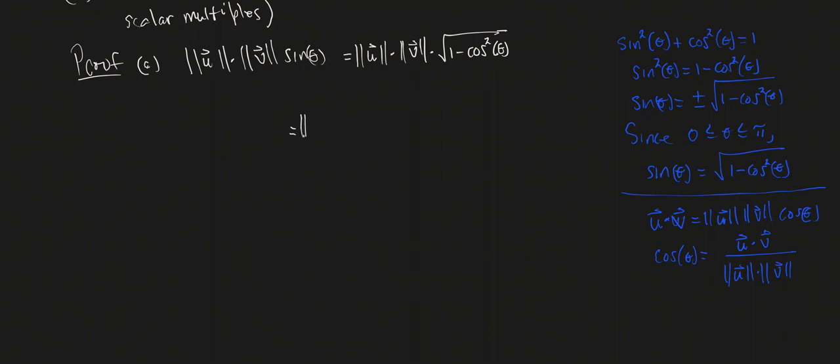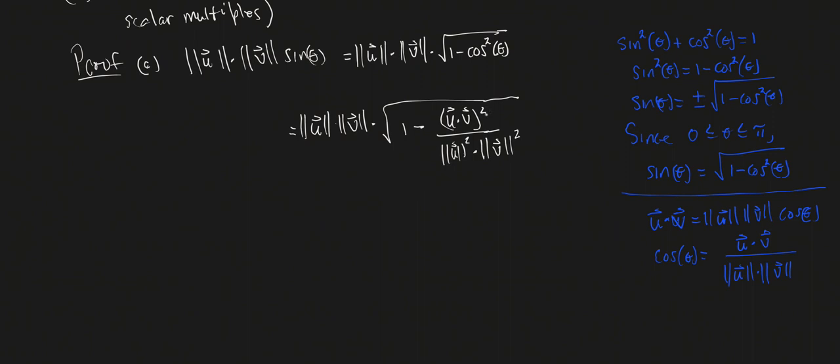So this is equal to the magnitude of u times the magnitude of v times the square root of 1 minus all of this squared, which means the top is squared and the bottom is squared. So this will be u dot v squared over the magnitude of u squared times the magnitude of v squared.